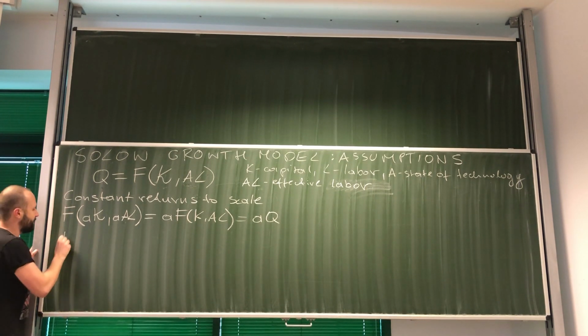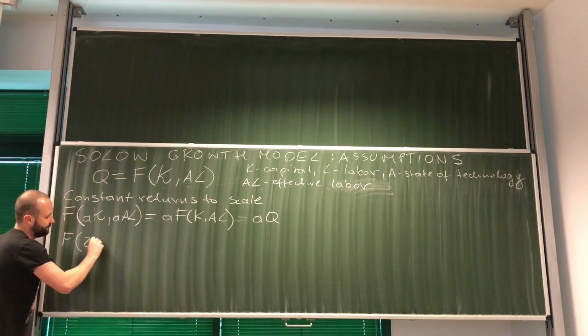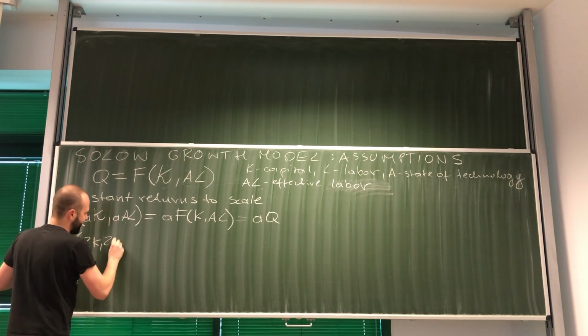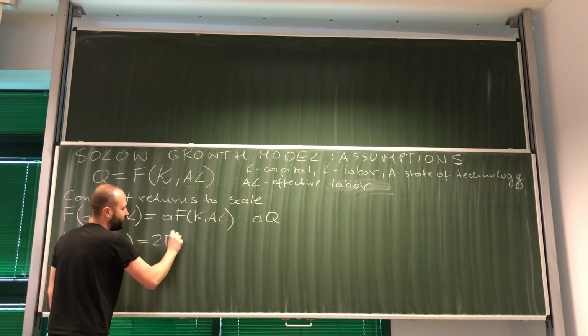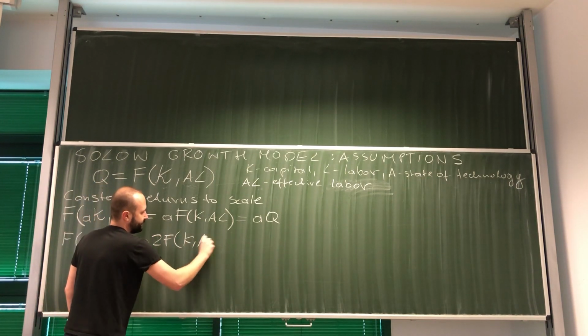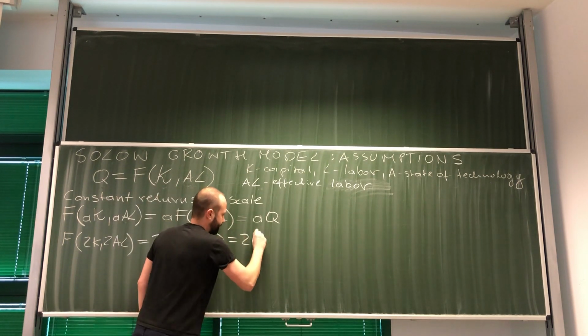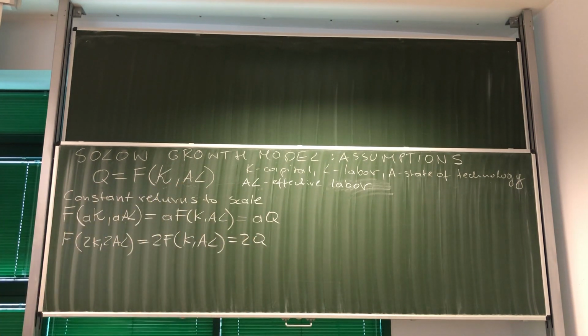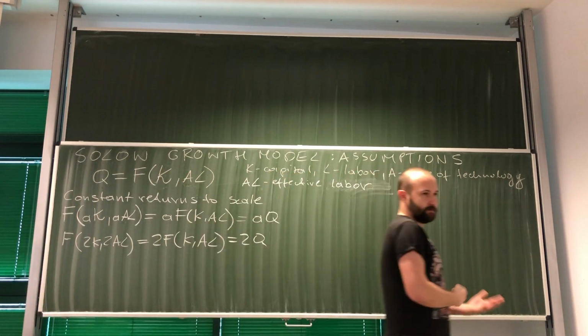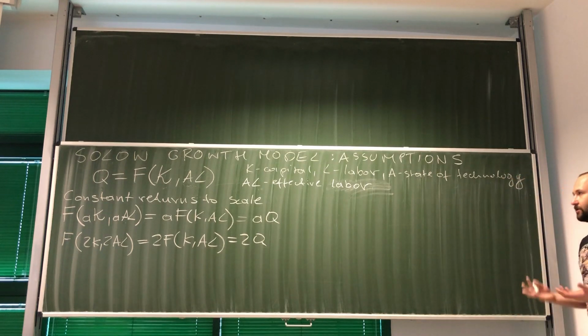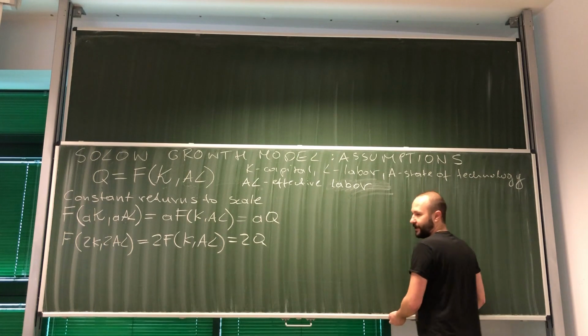Imagine that, for example, we are doubling capital and effective labor. This means that we will get twice as much production.